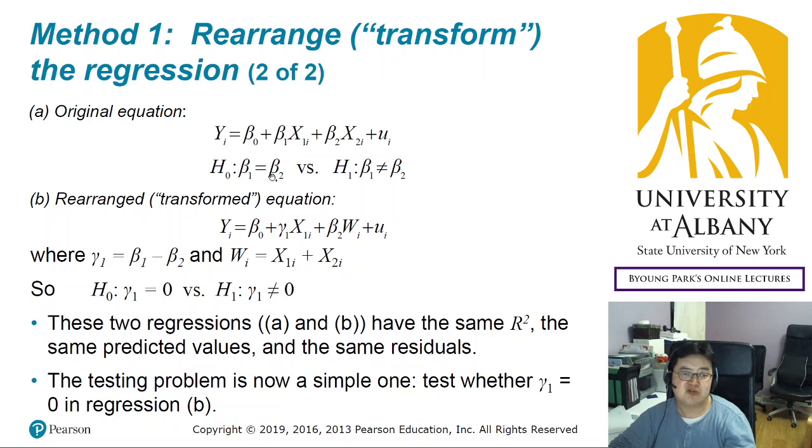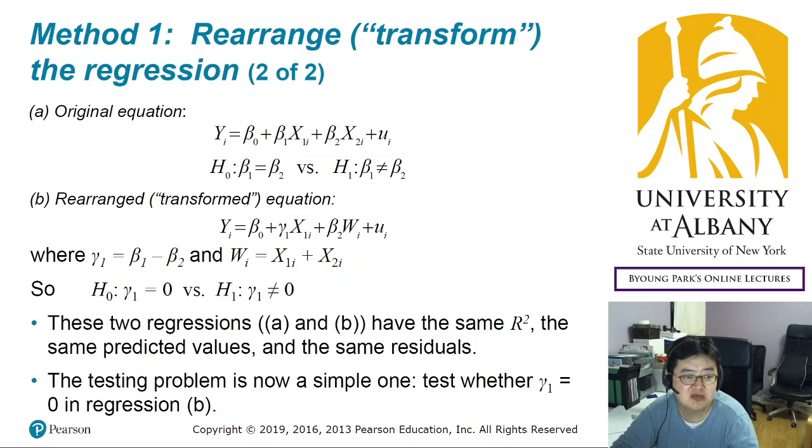When beta 1 equals beta 2, gamma 1, by definition, should be 0. So gamma 1 equals 0 is the same as beta 1 equals beta 2. Now, as you can see, this is a single hypothesis. You know how to handle this. It is a t statistic. You just need to calculate the t statistic. Then can we obtain the t statistic?